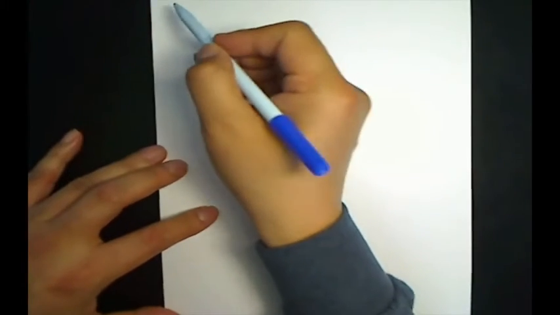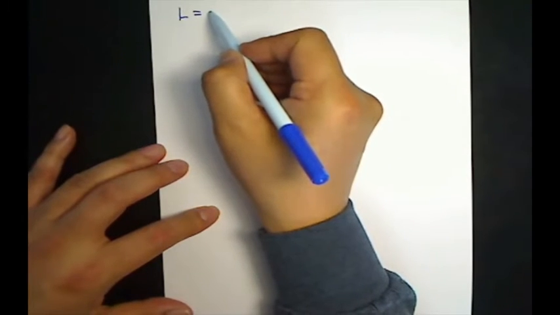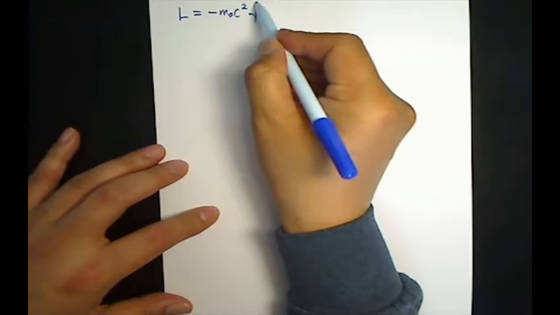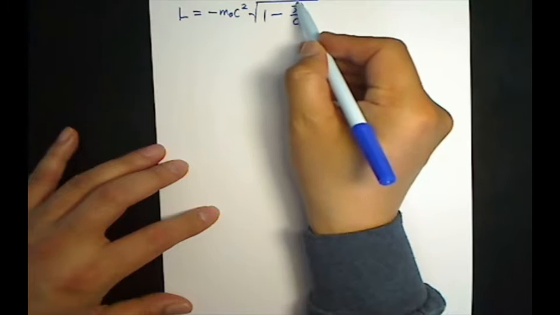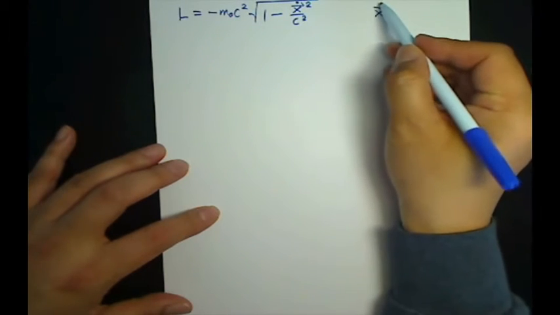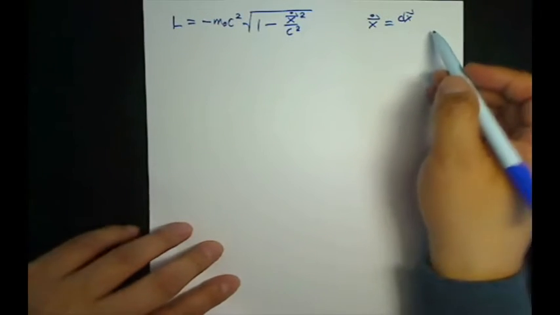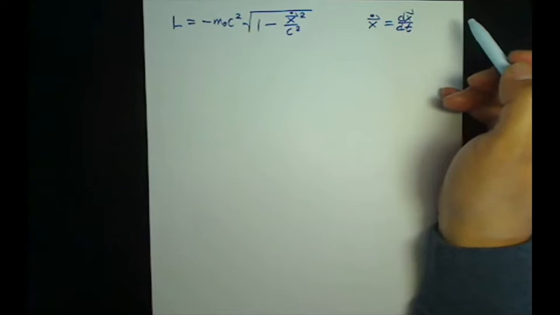The Lagrangian of a free particle in the relativistic theory is this one, where xi dot is dx over dt, that is the velocity.